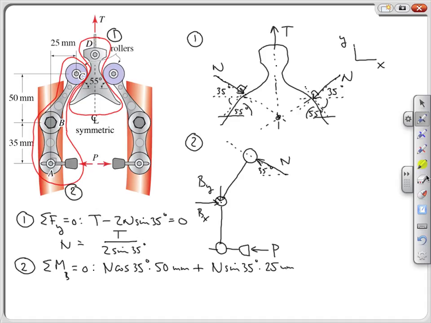And then for the brake force P, or the force on the brake pad P, the moment arm is going to be 35 millimeters, and again its contribution is negative.